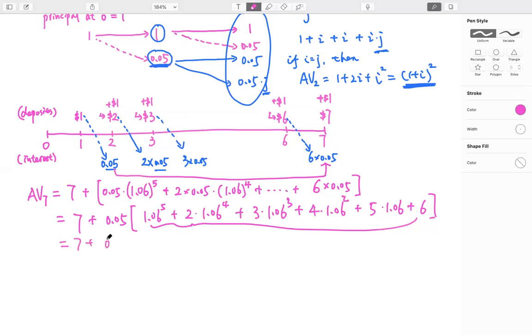But if you want, what's inside the square bracket is actually the future value of an increasing sequence, right?